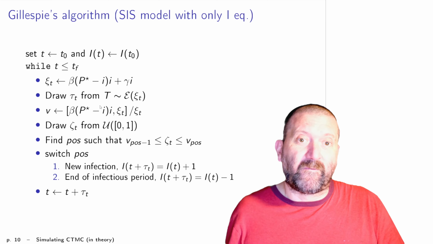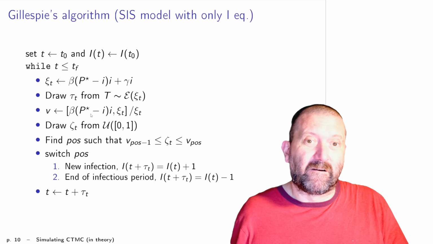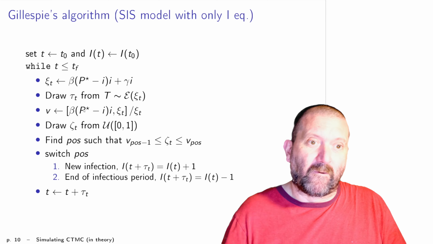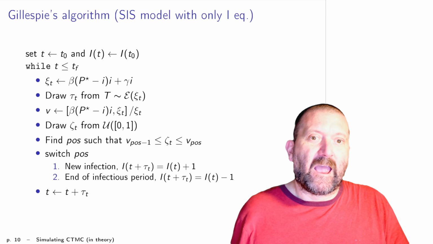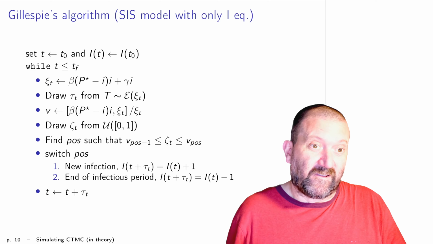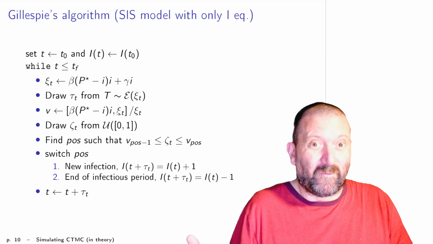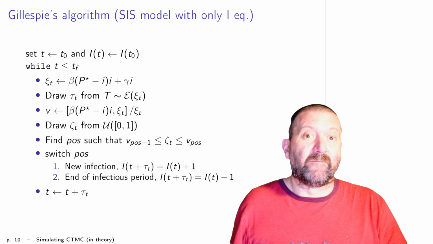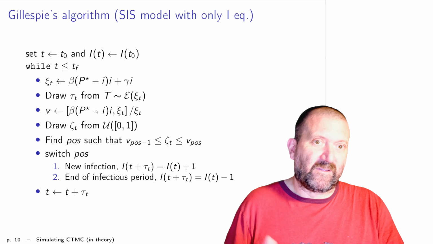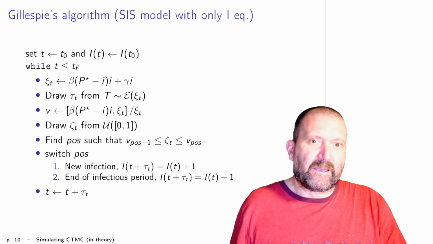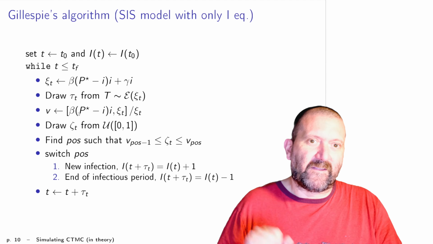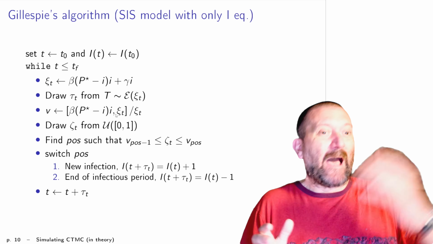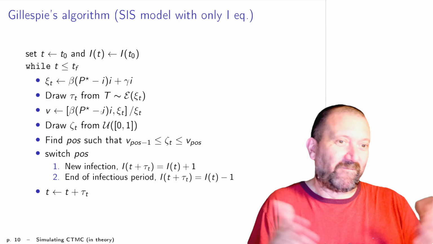In the first element of the vector, I would put the weight of the infection event, and psi t here is of course the sum of the weights. I divide by psi t to get the probability. The numbers in V are then between 0 and 1, this being the probability that the first event occurs, and this being the probability that the first event or the second event occurs, because there's only two events.